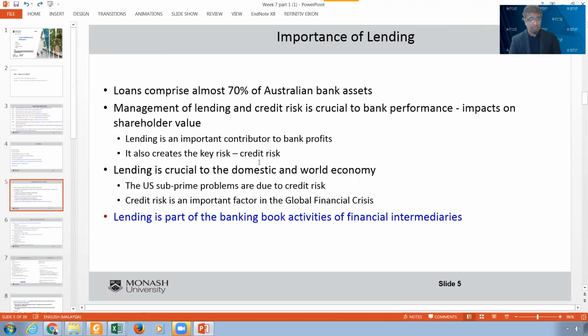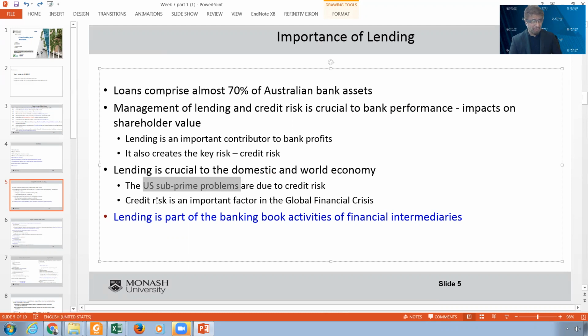Lending is also very important for the local economy and the world economy, because of the integration of the systems. You can borrow and lend anywhere in the world and inside the country. When we talk about credit risk, we remember the recent subprime problems, which was a credit risk.